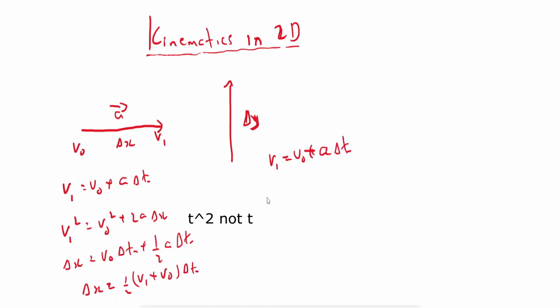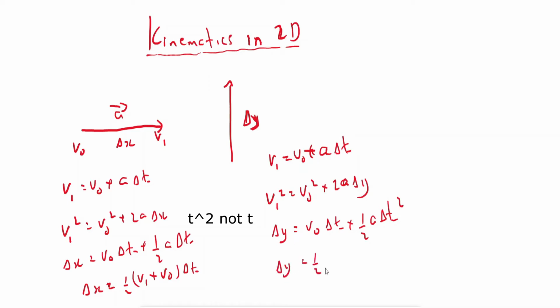And v1 squared is v0 squared plus 2a delta y, because we are interested in the y direction. Then delta y is v0 delta t plus half a delta t squared, and delta y is half of v1 plus v0, times delta t.